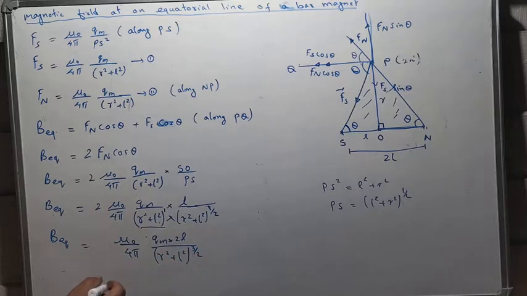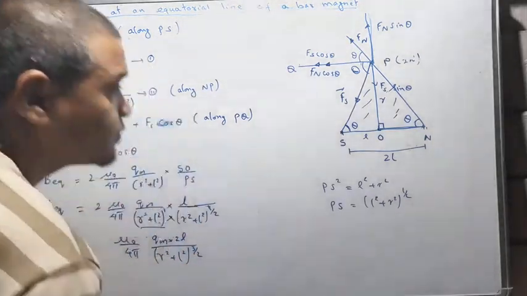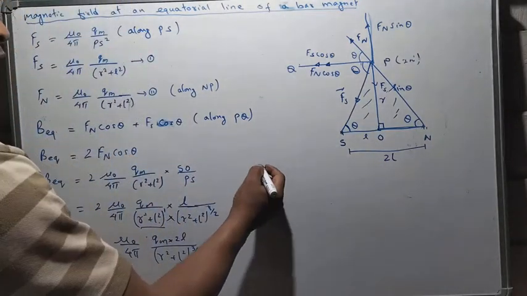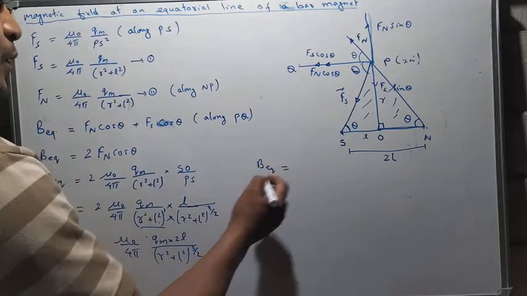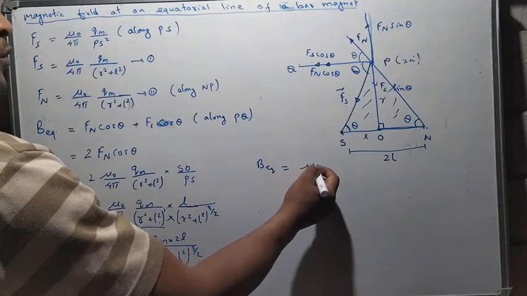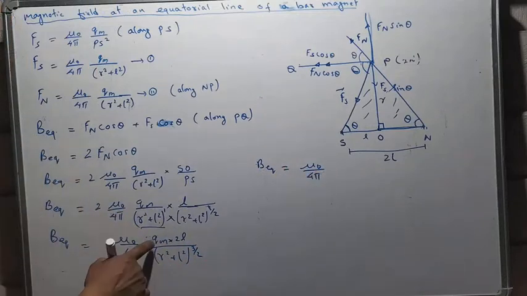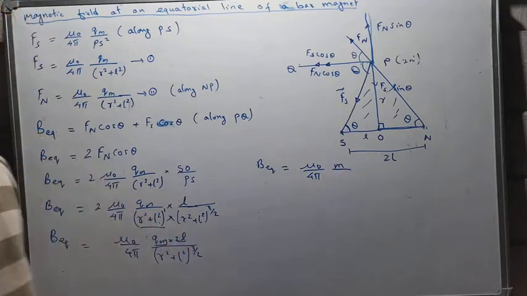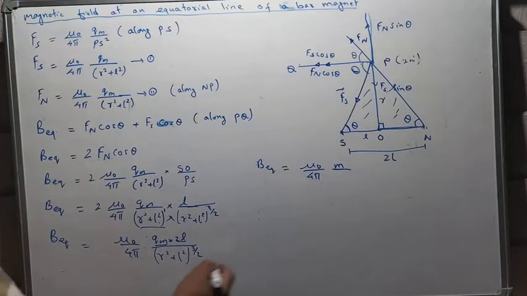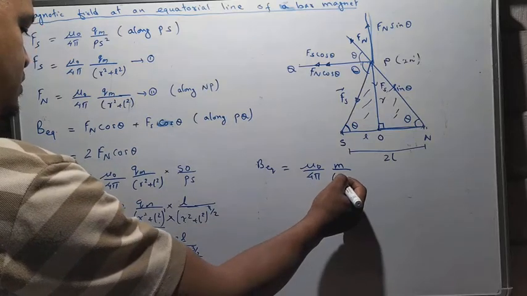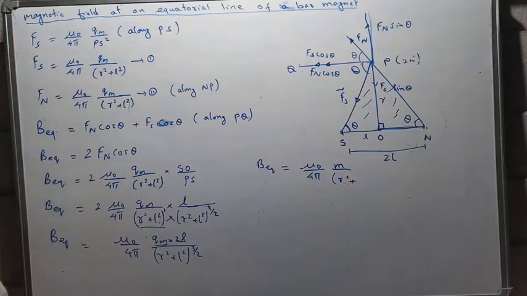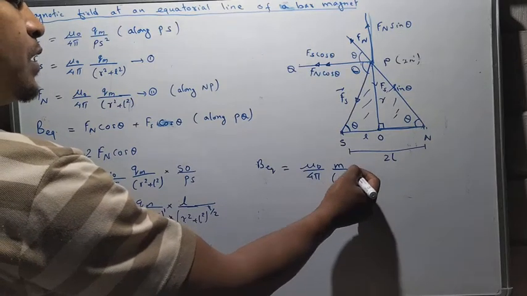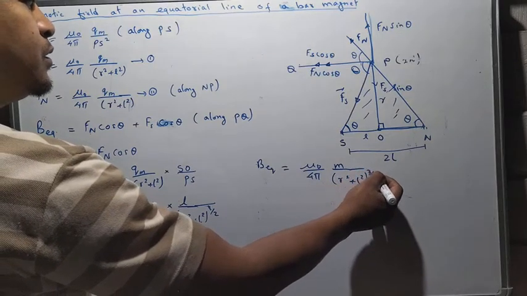Or I can say that the net field at a point P on the equatorial line is equals to mu naught upon 4 pi Qm times 2L, a pole times the distance, that is the magnetic dipole moment, which is denoted by small m, upon r square plus L square to the power 3 by 2.